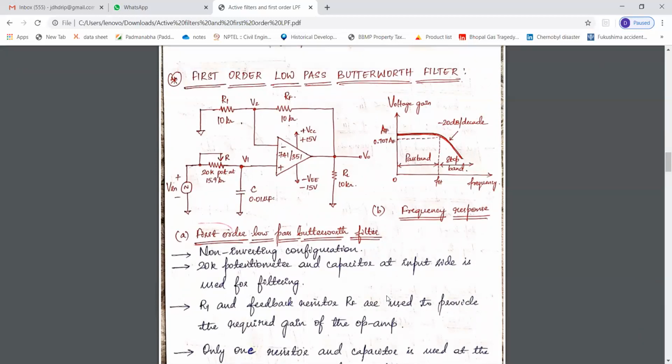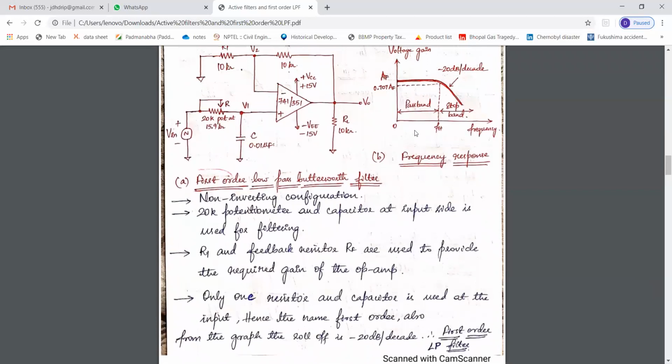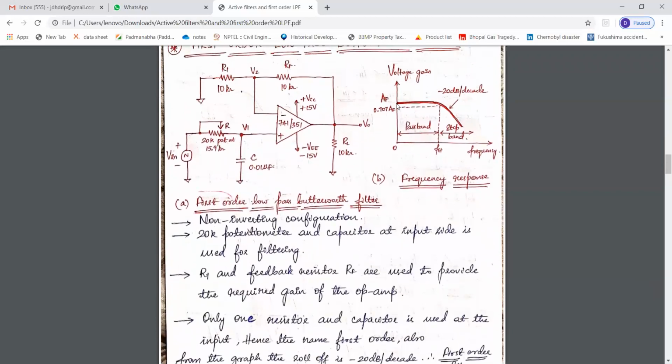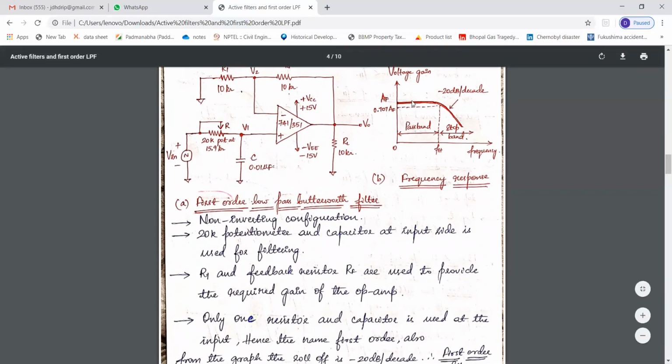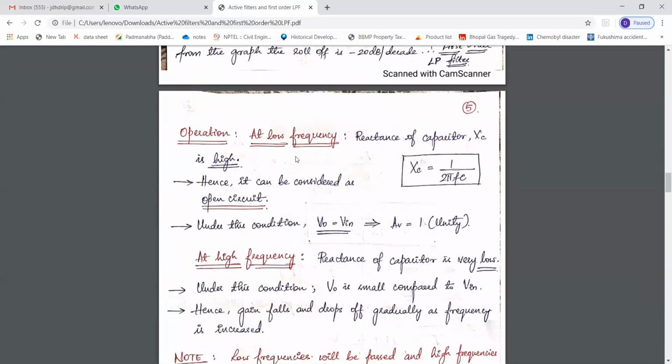Now we are analyzing this circuit for low frequencies and higher frequencies. We'll come to know how the low frequencies are passed and how the high frequencies are attenuated by analyzing the circuit for low frequencies and high frequencies. So first, considering the operation of the circuit at low frequency.